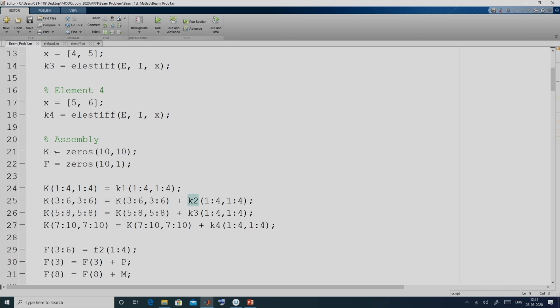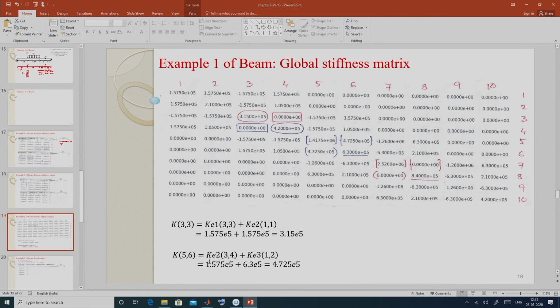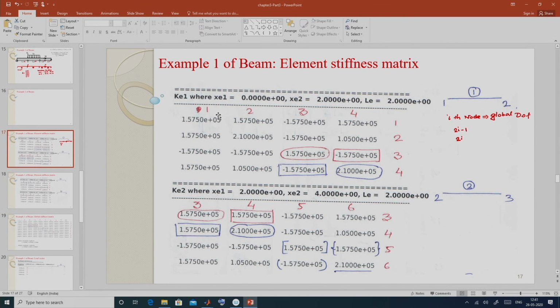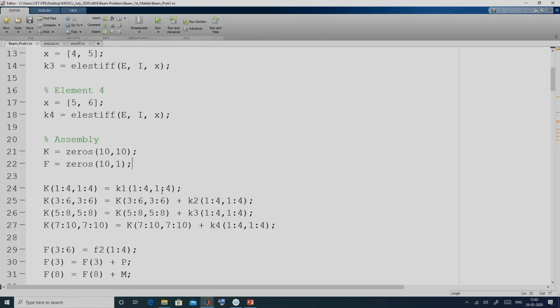So, first I have assumed a 10 cross 10 zero matrix. Then the K1, if you see for K1 the global DOF are 1 to 4. So, they are simply assigned.